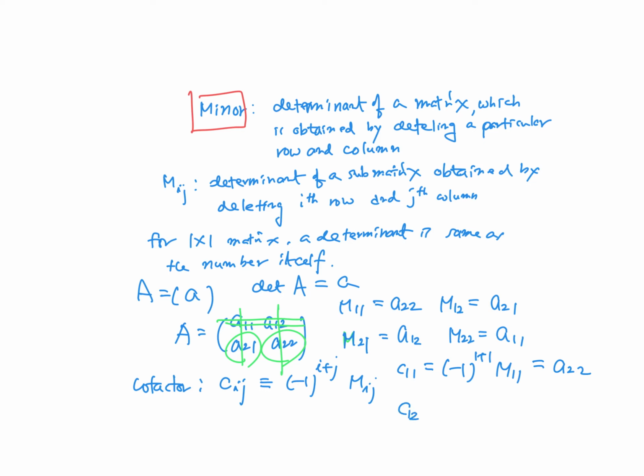C12 is minus 1 to the 1 plus 2 times M12, which is minus A21. C21 is minus 1 to the 2 plus 1 times M21, which is minus A12.